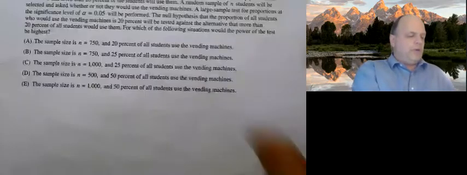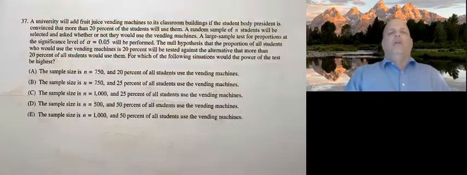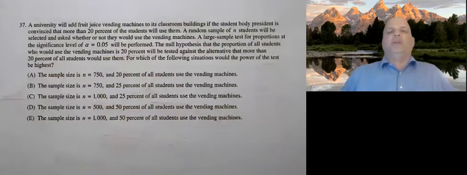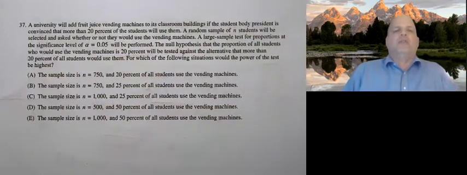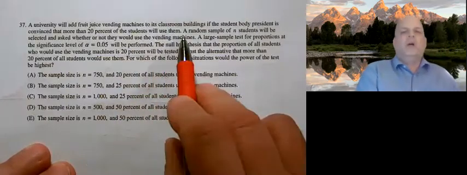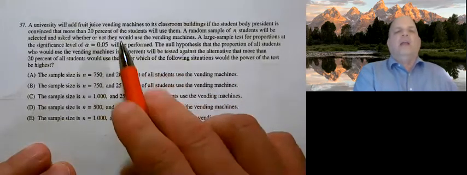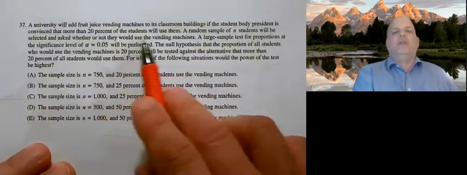All right, problem number 37. A university will add fruit juice vending machines to its classroom buildings if the student body president is convinced that more than 20% of the students will use them. A random sample of N students will be selected and asked whether or not they would use the vending machine.